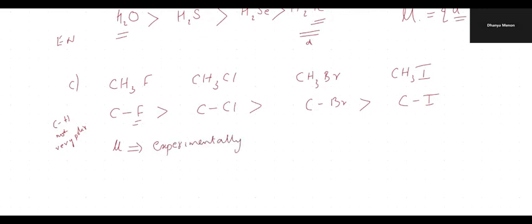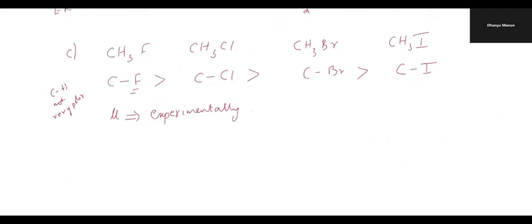Okay, there's a small discrepancy over here: CCl is greater than CF, then the rest of the order is the same. This order is given by experiments.